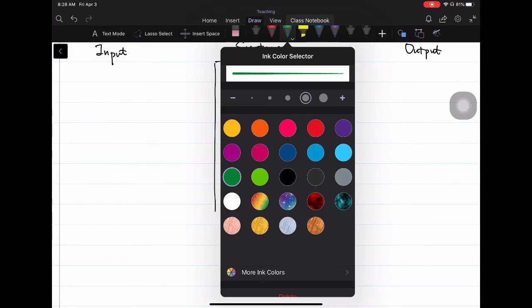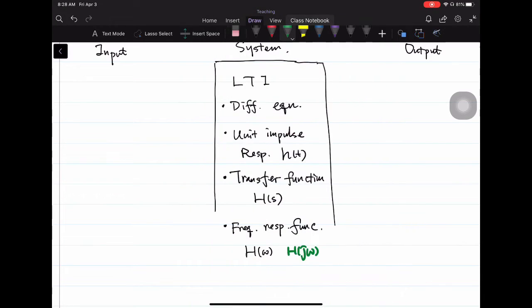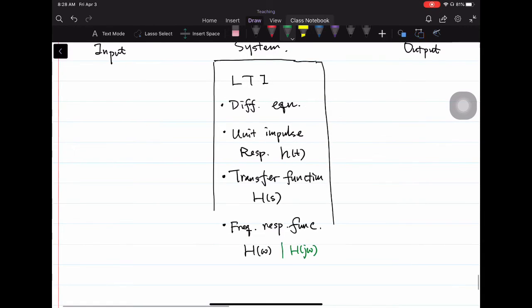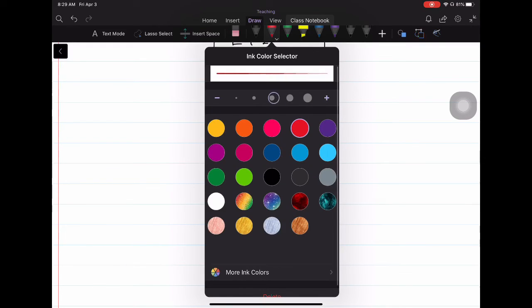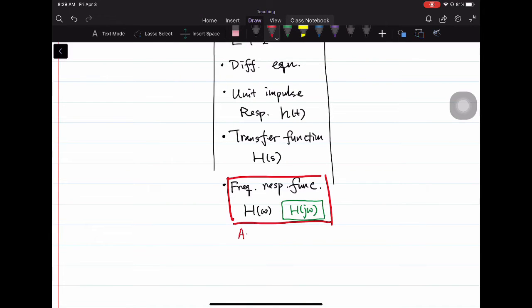The notation comes from chapter 2, where we utilize the frequency response function. H of j omega means the transfer function with s replaced by j omega, and both refer to the same thing. One particular thing to mention is that if you want to use the frequency response function, you have to make sure the system is asymptotically stable.